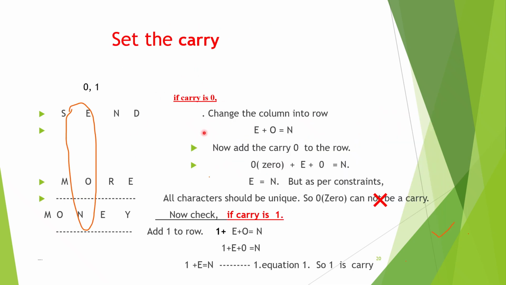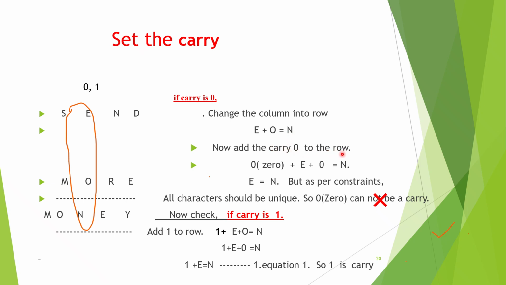Set the carry. If carry is 0, now take this column E, O, N and change the column into a row. So E plus O plus N, right? Now add 0 as the carry.